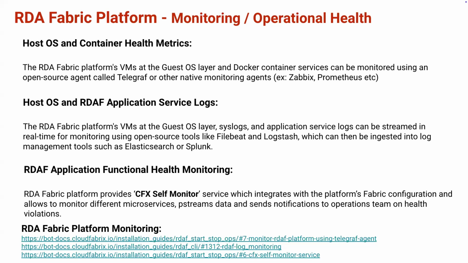To get complete insight about the platform, the underlying host OS, whether it is deployed on Ubuntu or Red Hat Linux, needs to be monitored. And as the application is containerized and running on top of Kubernetes, the containers also need to be monitored. Some popular tools that can be used are Zabbix, Prometheus, or Telegraf.